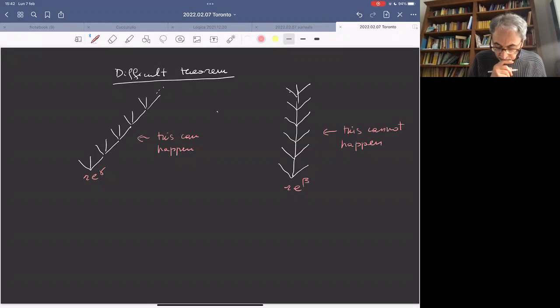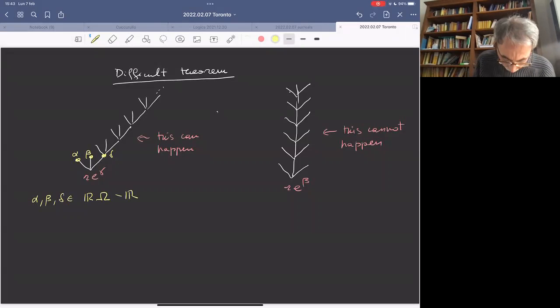Okay, let me explain this picture a bit better. Here you have, let me draw it, let's say alpha, beta, delta, these 3 surreal numbers. So alpha, beta, delta are terms, non-constant terms.